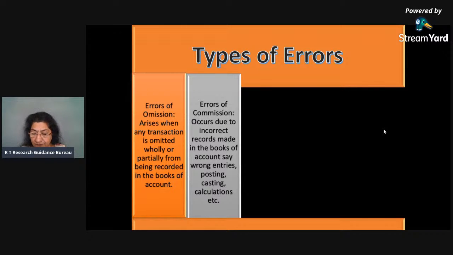Company paid 51,000 rupees to Mr. A, and instead of 51,000 rupees, your accountant entered as 15,000. So this is known as errors of commission. He credited and debited right particulars, but amount is a little bit different. Instead of 51,000, he mentioned as 15,000.